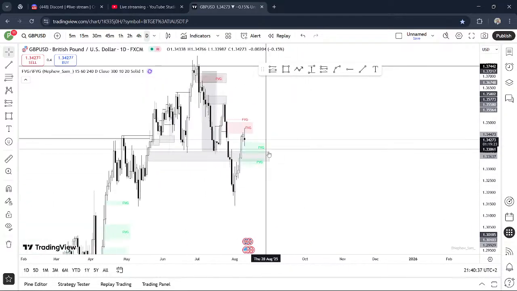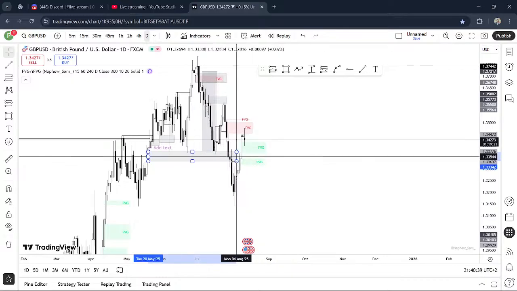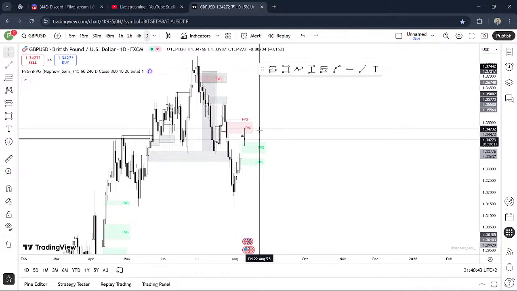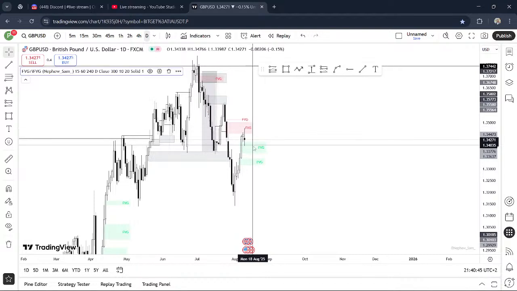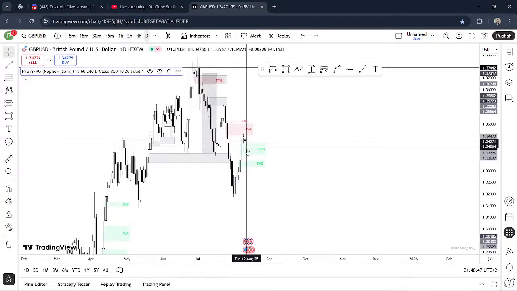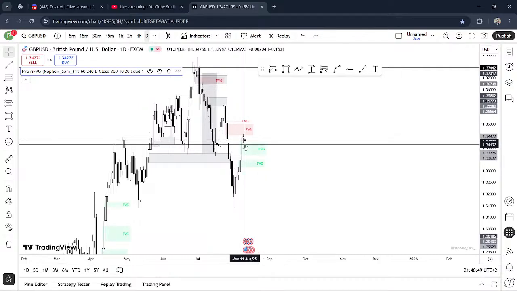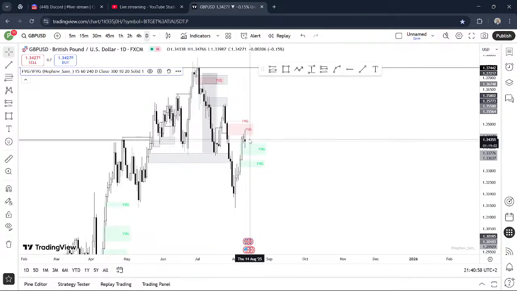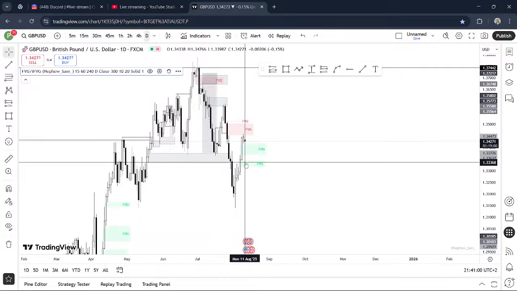Let's also take this one out. The price is reacting to this FVG right here on the daily time frame, but there's also one above it. So it's a little bit of a scuffle between the buyers and the sellers here. But since the sellers had their time last week, I think the buyers are going to prevail this time around.